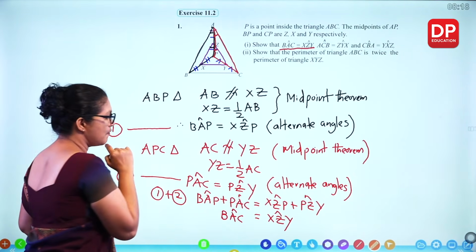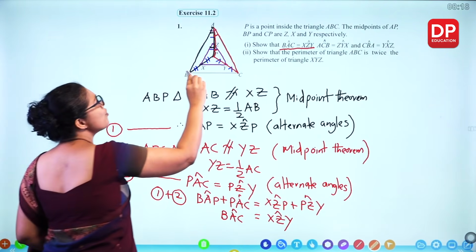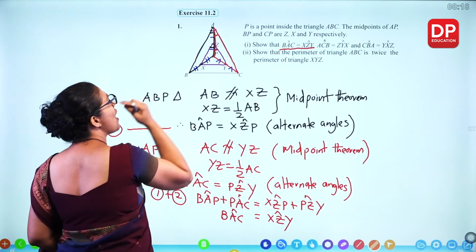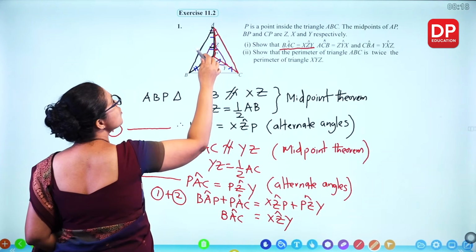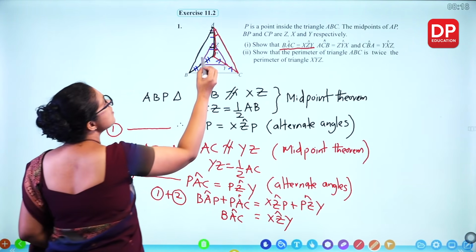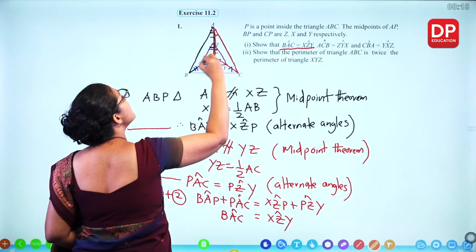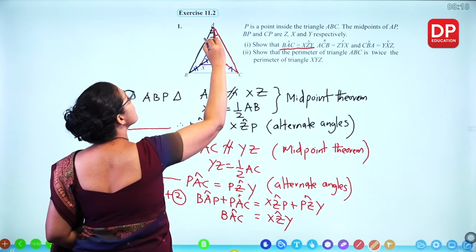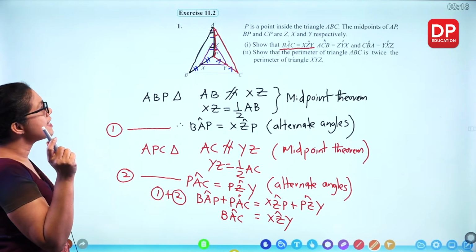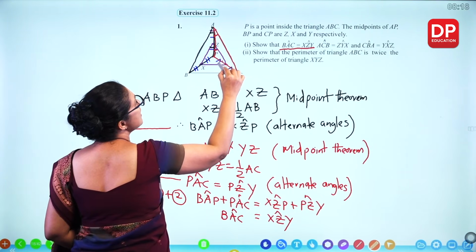This one we proved. So you don't need to prove the other two angles, because when you take the other triangles the same way, you can easily find out the same thing about this angle and this angle.